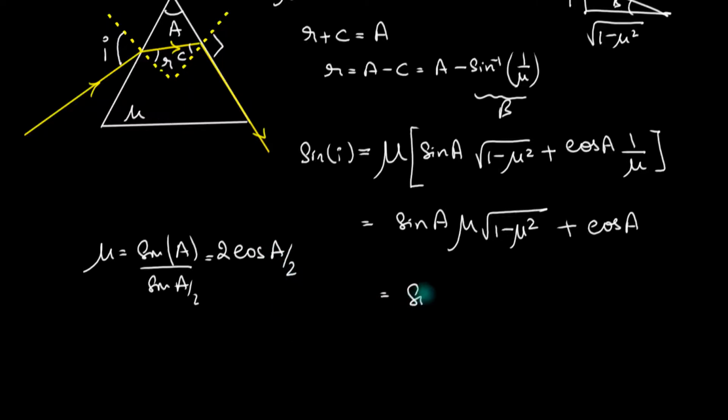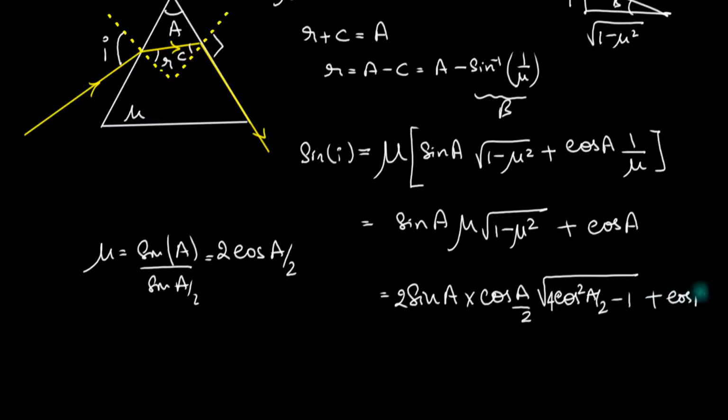Alright, so that gives us sine A times cos A by 2. I get a 2 here. Then root of mu square minus 1. Is it 1 minus? It's mu square minus 1. I'm so sorry. So it's mu square, so 4 cos square A by 2 minus 1, minus cos A. So I should get this.